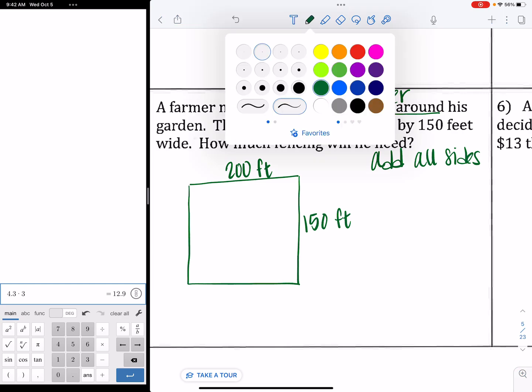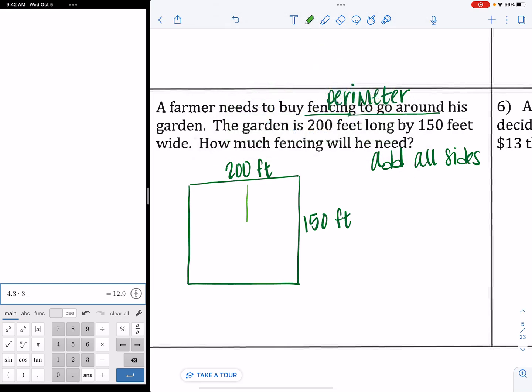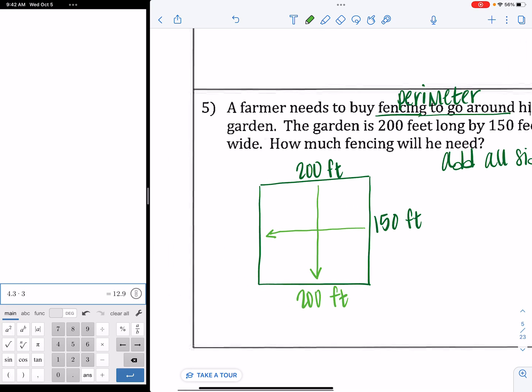Well, it's safe to assume in this case that we have a rectangle. Since they just gave us length and width, it's a safe assumption. And I know, and you should know by now, that that means opposite sides are equal.